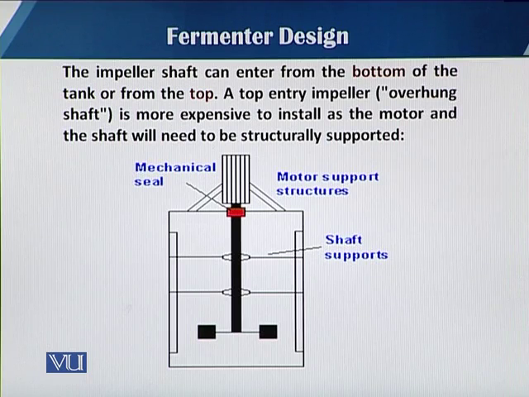There are some pros and cons in the case of a top motor and in the case of a bottom motor. The impeller shaft can enter from the bottom or from the top. In this diagram, you can see the motor on the top and the shaft entering from the top of the surface.